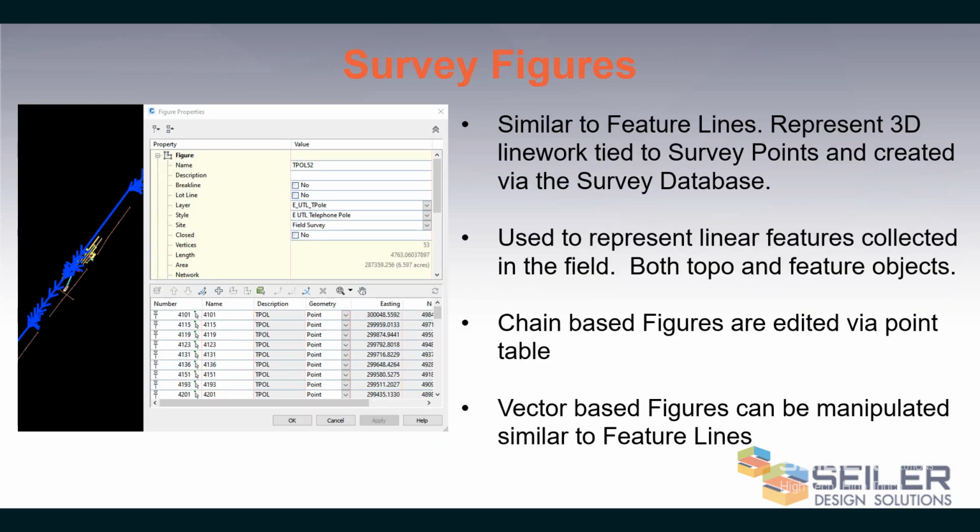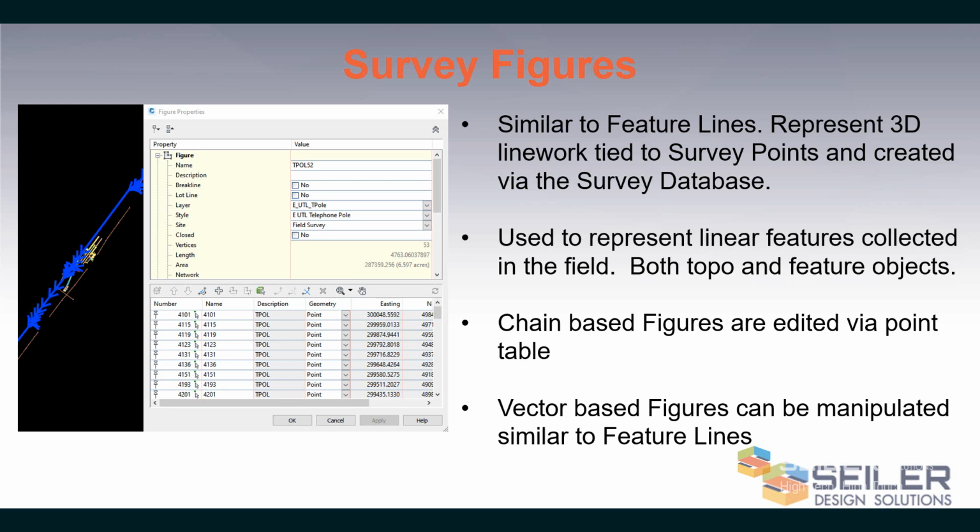Okay. The next thing we're going to talk about is survey figures. Survey figures are similar to feature lines. If you're familiar with the Civil 3D feature line, they represent 3D line work tied to survey points created via the survey database. A feature line is a smart 3D polyline that has both stationing and elevation PI points, PBI points.